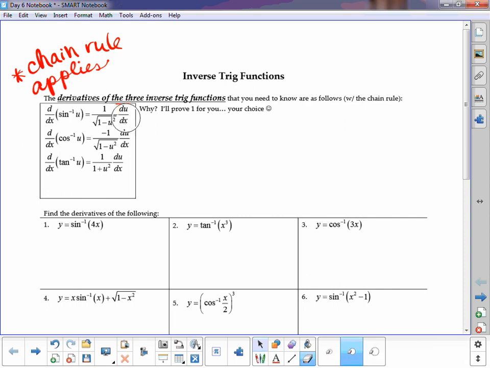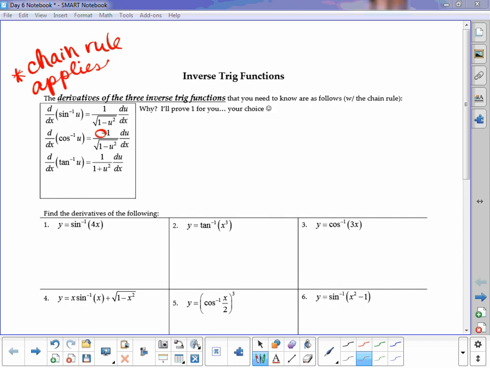Alright, what do you notice is the difference between the derivative of arc sine and arc cosine? Yeah, there's a negative for arc cosine. And then for tangent, we see a couple differences here. There's no square root and it's a plus sign in between. Okay.